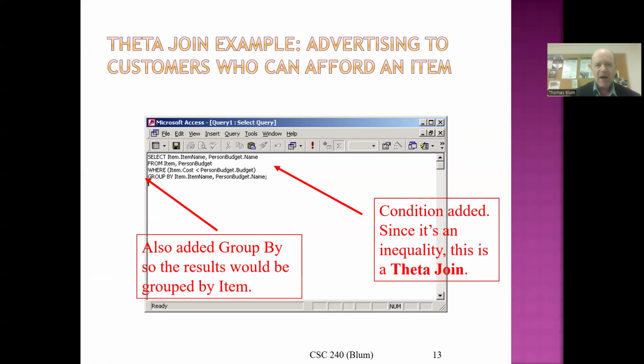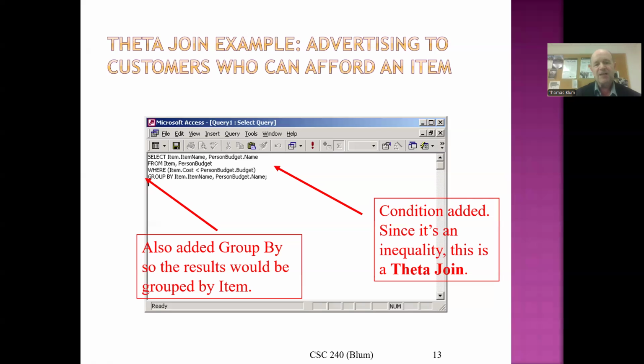Later on, when we do the equality one, an inner join, we will see that this notation is available to us, but there is a second notation that announces it's a different kind, the more usual kind of join. This is the unusual kind of join, the theta join, the inequality join. For the theta join, we need just the two tables separated by a comma and the where with the condition.